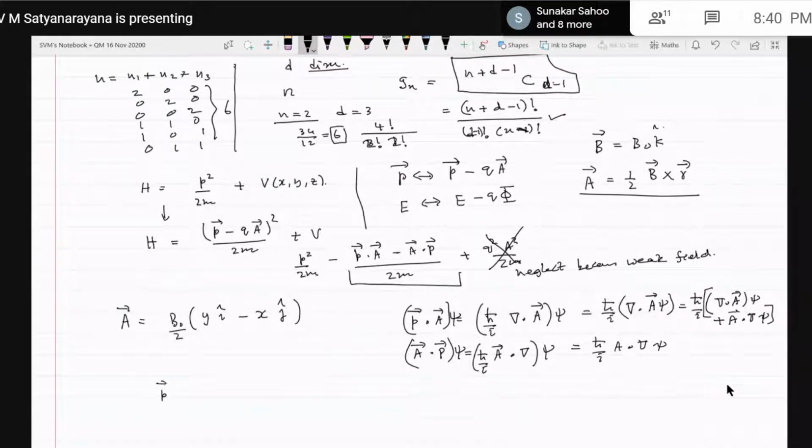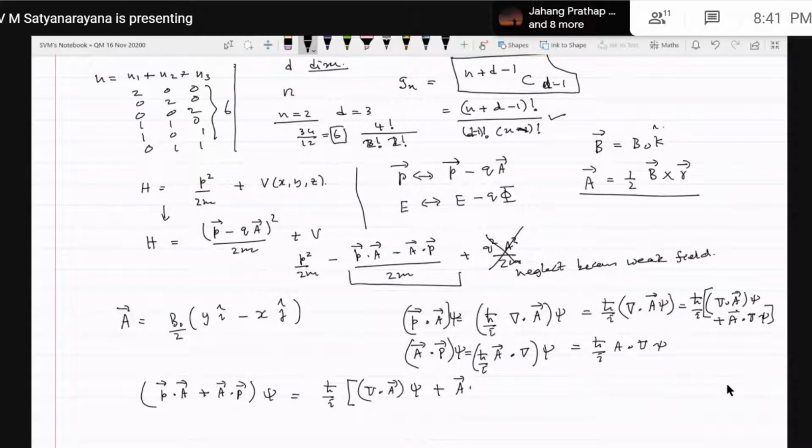So P dot A plus A dot P operating on psi will be equal to, so P dot A operating on psi is h bar by i into del dot A into psi, plus A dot del psi, plus A dot P into psi is h bar by i, A is common, so A dot del psi.